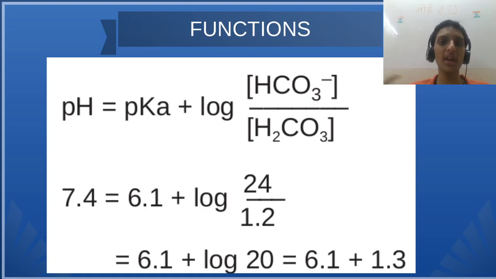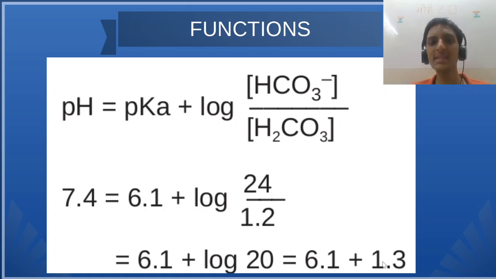At this juncture, I would recommend you remember all the values of log, especially log 1 to log 10, because it will be very helpful when we do the calculations of acid-base balance. Acid-base balance is going to involve log, and I would like you to know log 1 to 10 very thoroughly, and also some formulas related to log. So anyway, log 20 is 1.3.